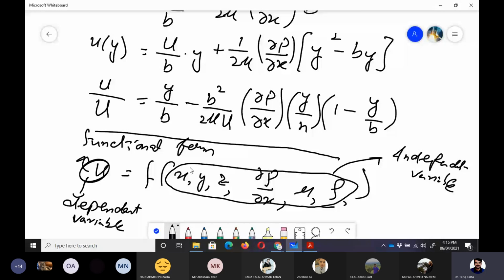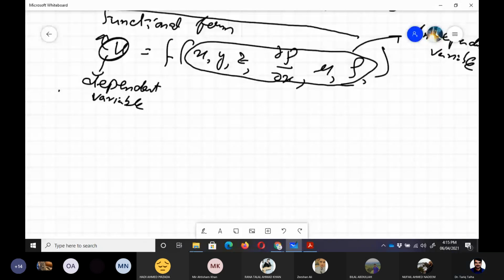So that is a very tedious process. So what we do instead is make dimensionless parameters.